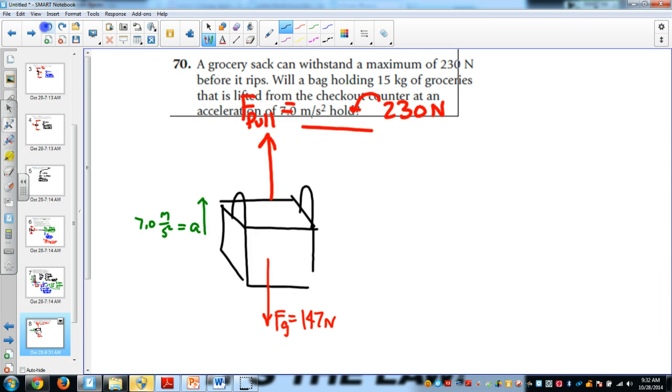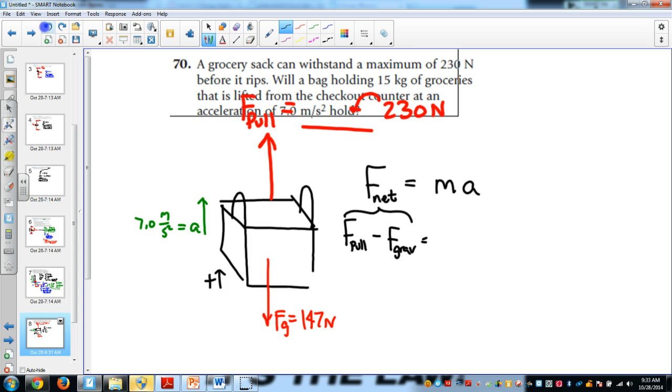So the way I'm going to figure it out is I'm going to use F equals ma. And remember that I use the net force. And the net force is the combination of the two forces that are at work here. So I'm going to say that up is positive. So I've got a pull force, and I'm subtracting gravity because gravity is negative.